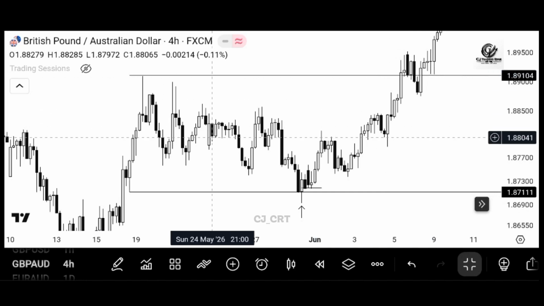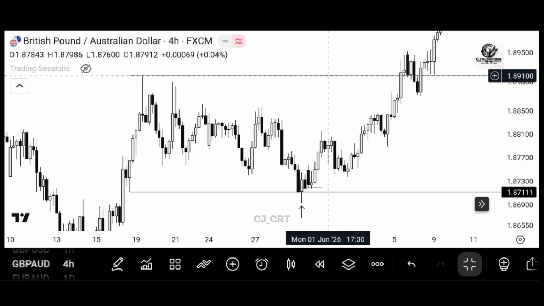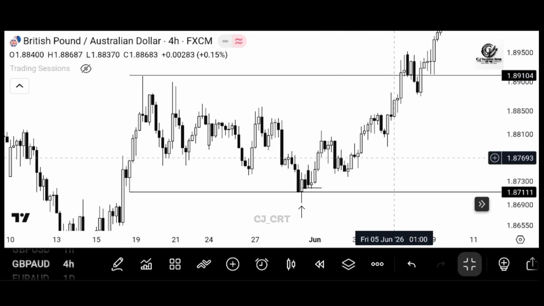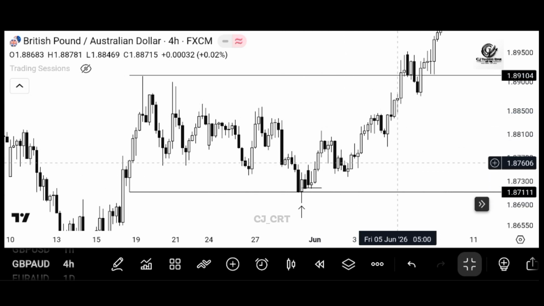If this whole thing happened and then it took out the daily candle's high, then we are going to hunt for the low. And when going for that, you look for bearish 4-hour CRTs, not bullish.